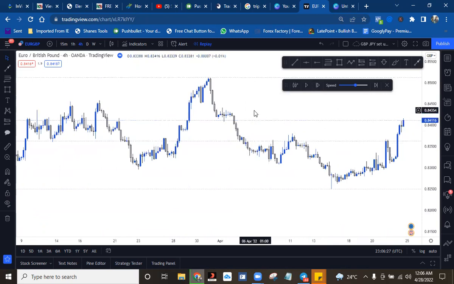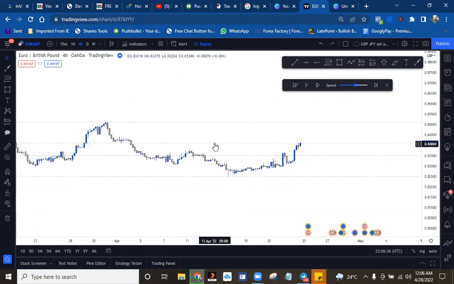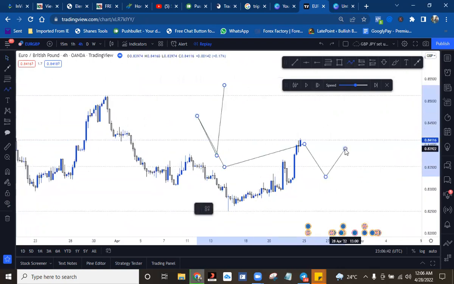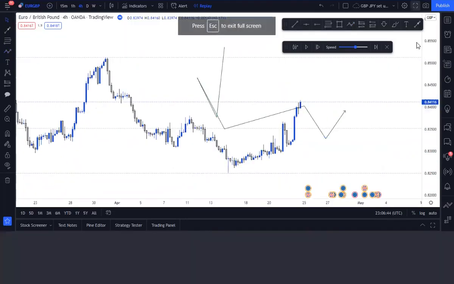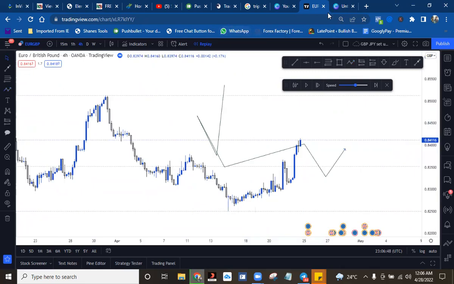All right. Here is take snapshot. You want to snap what you have analyzed. So let's say maybe I've analyzed some things around here and I want to take a snapshot.